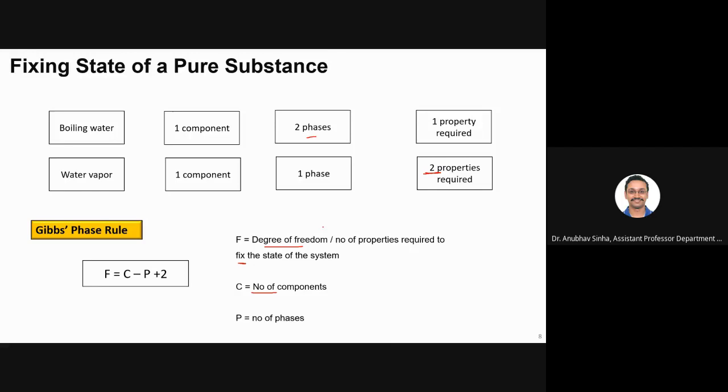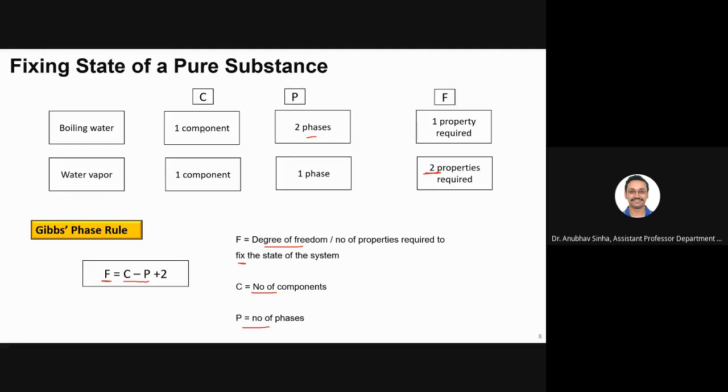For water, we have one component. If we have water plus any other liquid, then we'll have two components. P is the number of phases. If you have C and P, you can find how many properties are required, basically your degree of freedom.